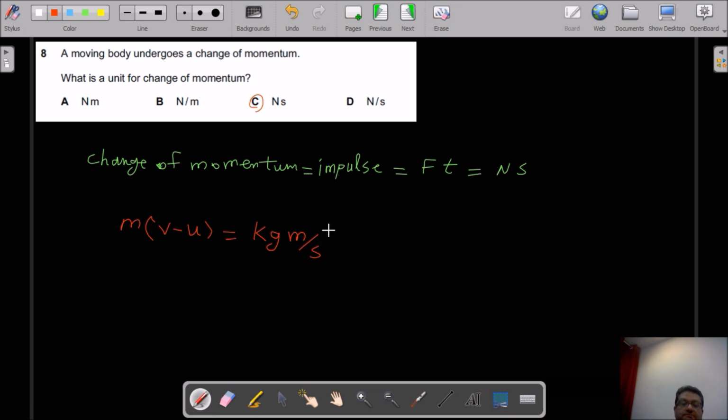In this question, in the 4 choices, there is no kg meter per second, so you have to find the unit of change of momentum in terms of impulse, and impulse is force times time of contact, or you can say change of momentum. So impulse equals change of momentum, or F times t. F is newton and t is second, so Ns will be the answer. So C is right for question 8.